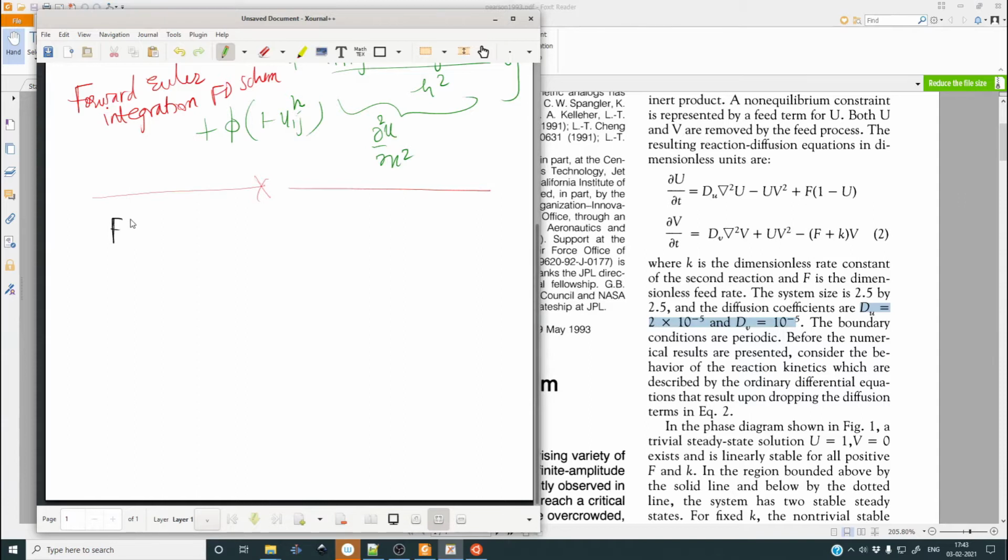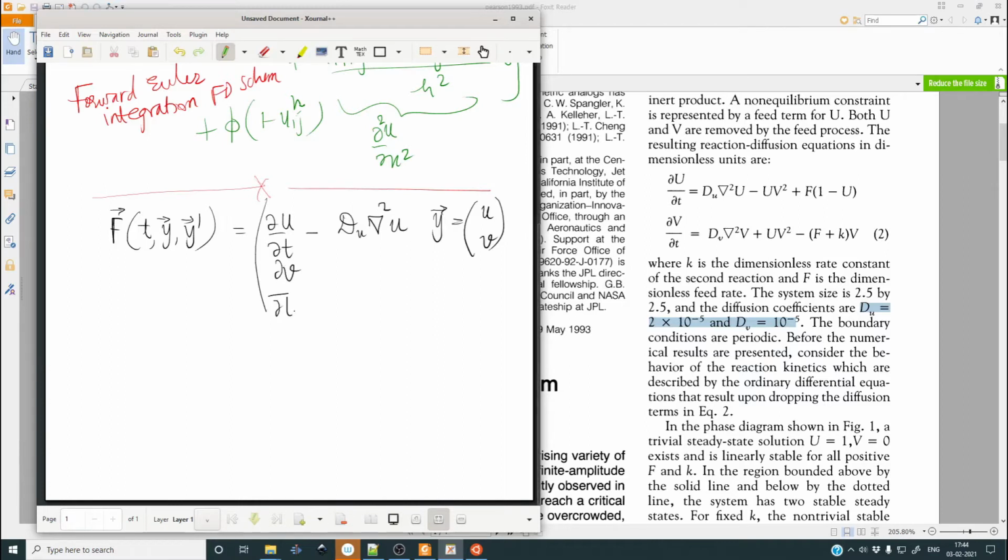So you can write, let's say, f of t, y, y prime, where the y vector is comprised of u and v. So let f be equal to del u del t minus Du Laplacian of u, and dv dt minus Dv Laplacian of v.